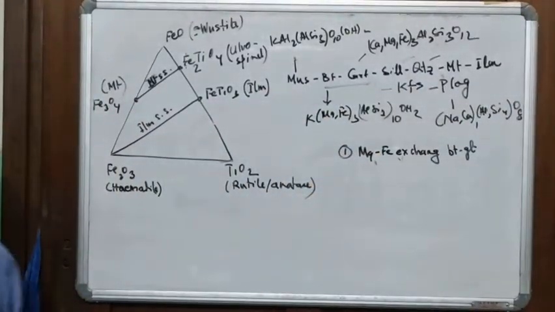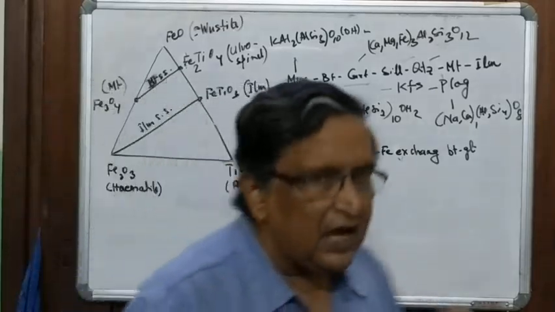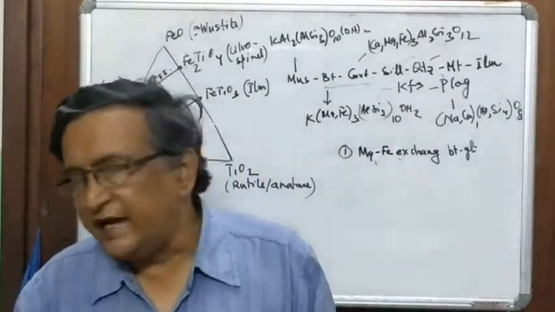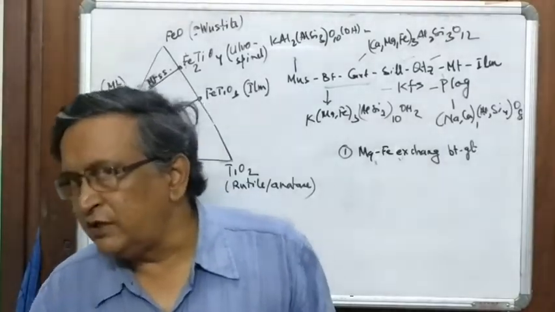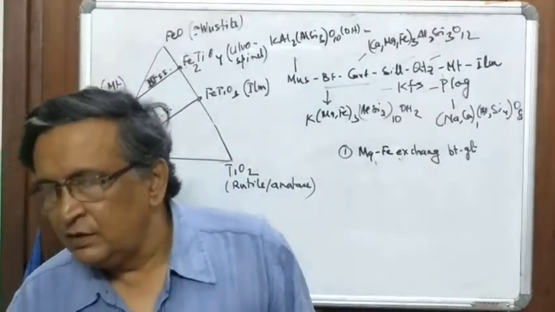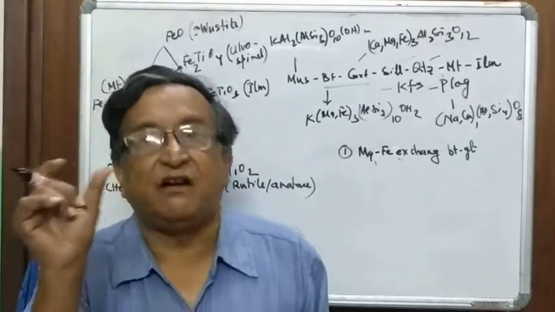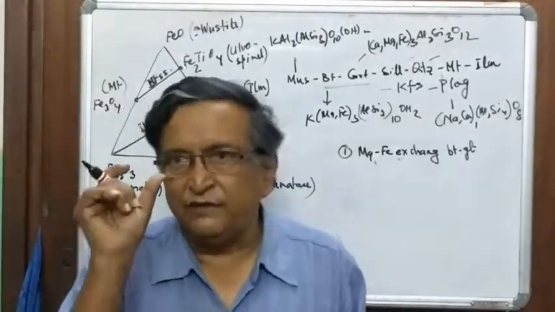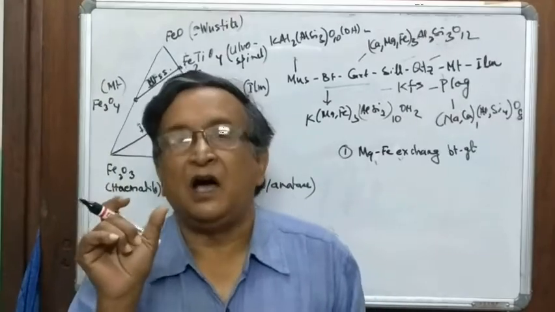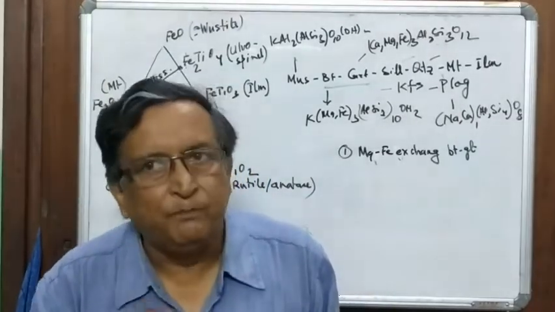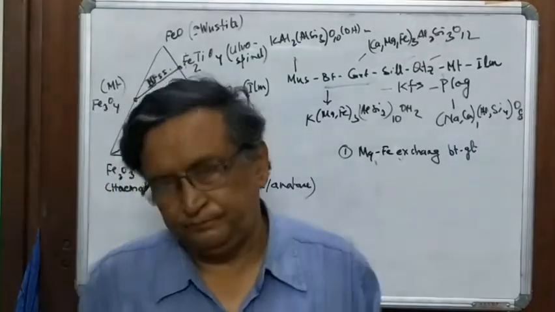Now for the pressure, again, you ask yourself, I need a reaction that does not involve any fluid phase. And it should have a large delta V. Why? Because if you have a large delta V of reaction, then the Clausius-Clapeyron slope dP by dT should be equal to 0.